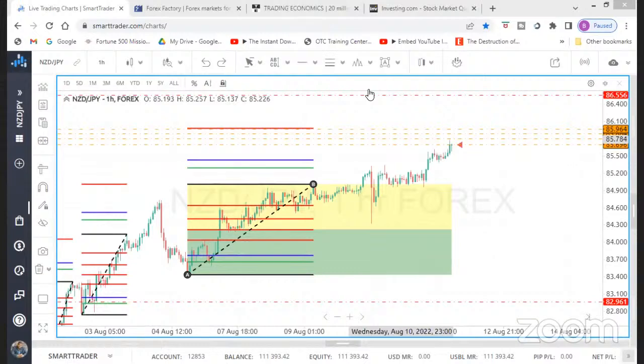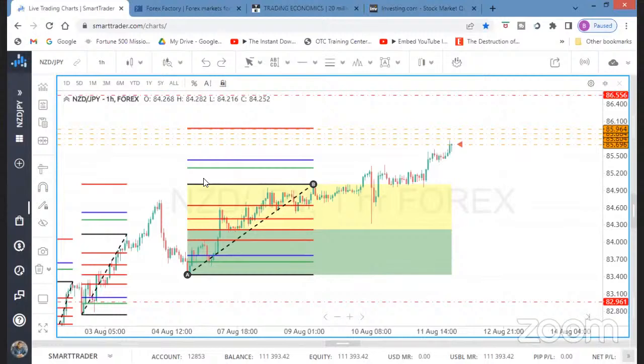Are there any pairs in particular that you want to take a look at before we end this session tonight? Euro CAD, gold, USD CAD.